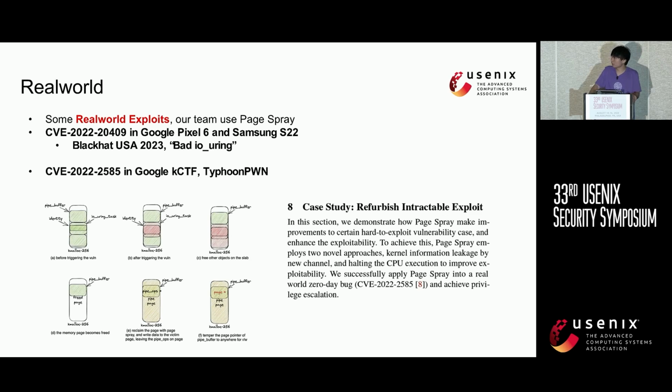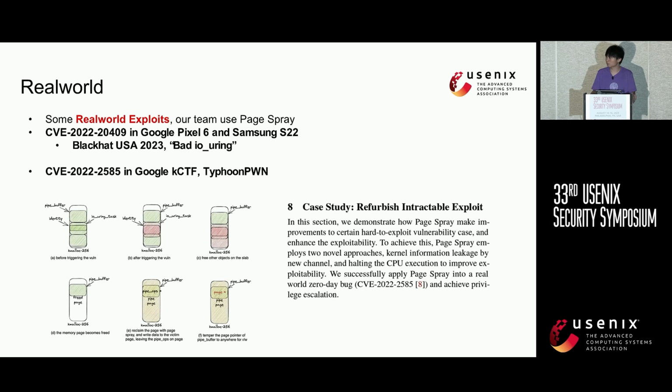So finally, we got to the real-world part. In the real-world part, our team wrote some real-world exploits using page spray. There are two CVEs, one CVE we exploit in Google Pixel and Samsung. All of them are mobile devices.